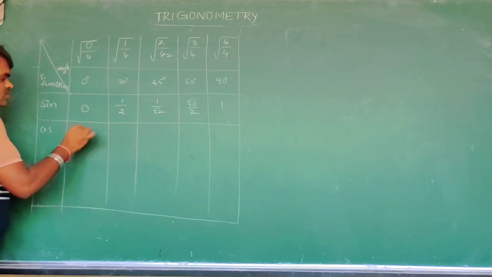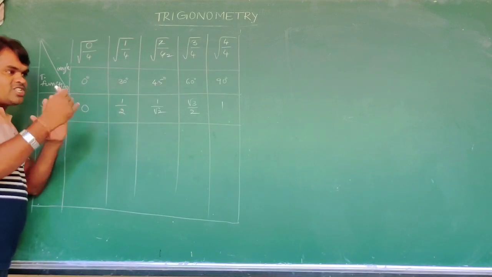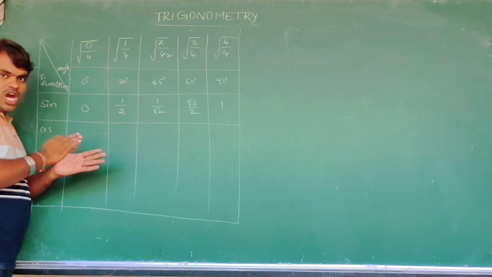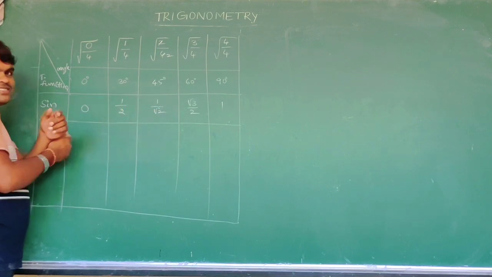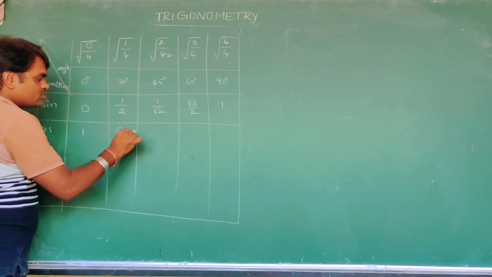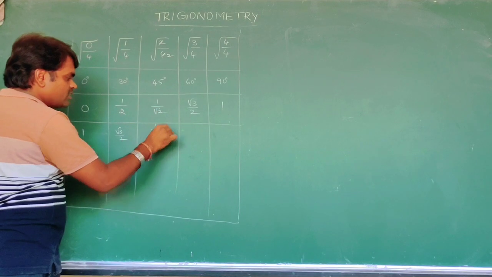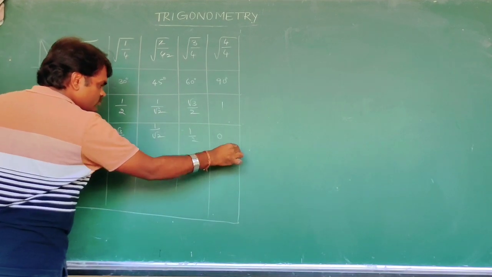Cos is the reverse only, because I said cos will be changed to sine and sine will be changed to cos. Like this: 1, root 3 by 2, 1 by root 2, similarly 1 by 2, 0.